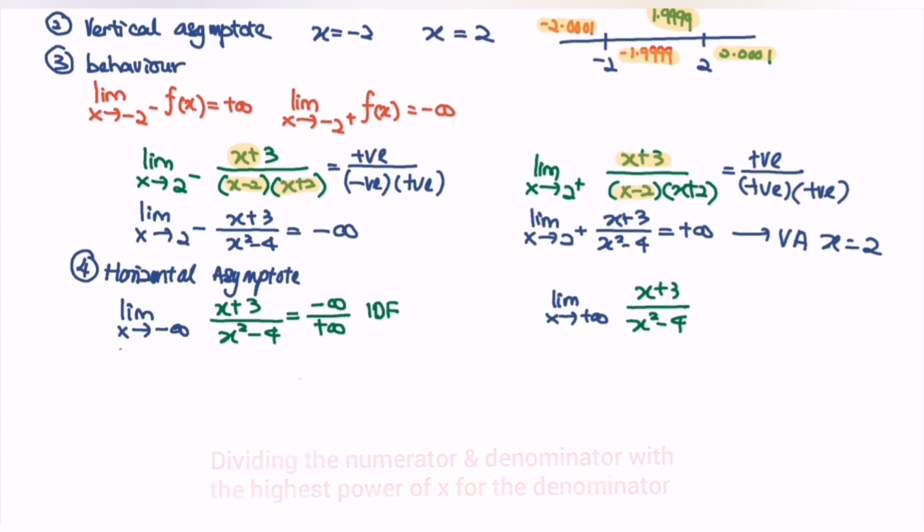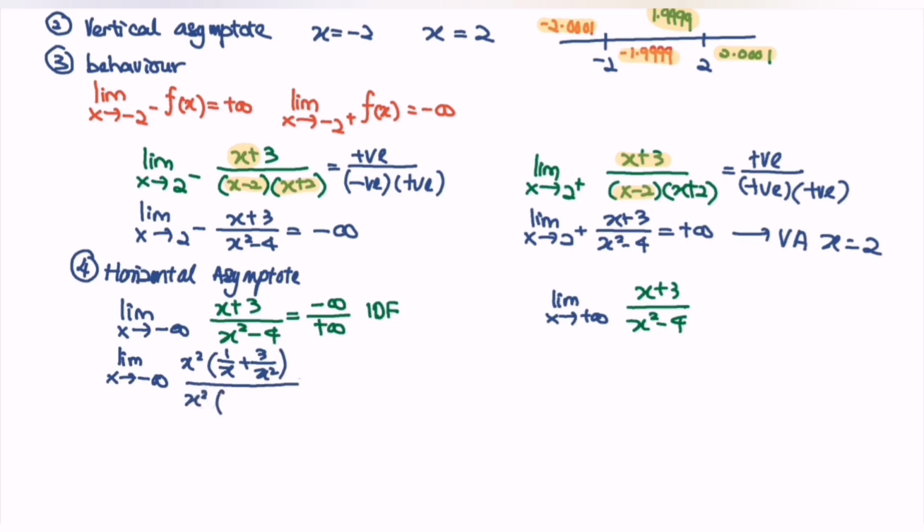So now, limit when x approaches negative infinity, x squared bracket (1/x + 3/x²) over x squared bracket (1 − 4/x²). Simplify the situation and we will have the limit when x approaches negative infinity of (1/x + 3/x²) over (1 − 4/x²).